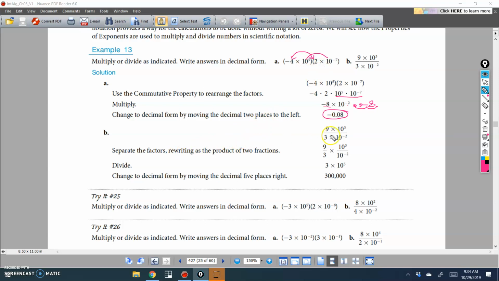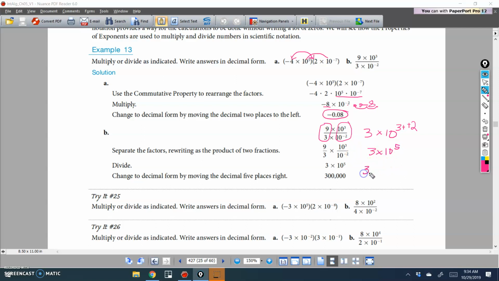Now what about dividing? Same thing. Numbers go with numbers, tens go with tens. 9 divided by 3, 3 times 10. Dividing, we subtract, right? So 3 minus negative 2, so this will become plus, so this will end up being 3 times 10 to the 5th.